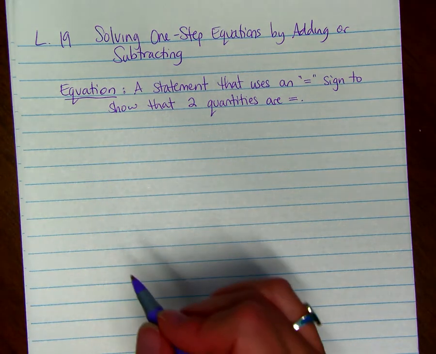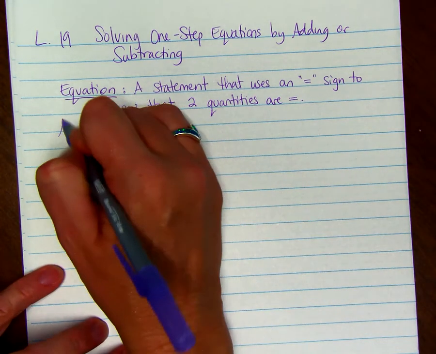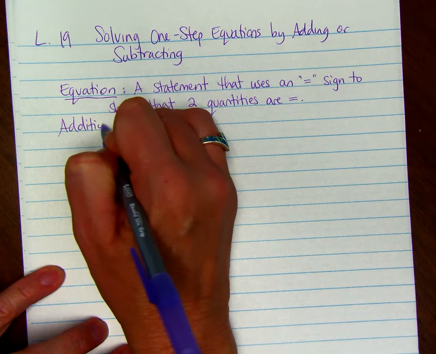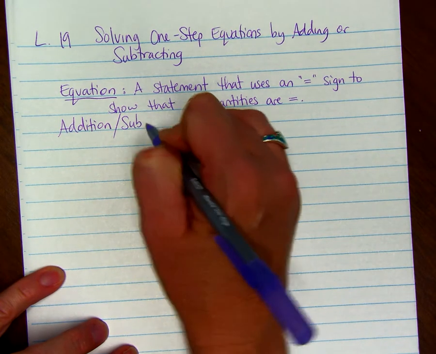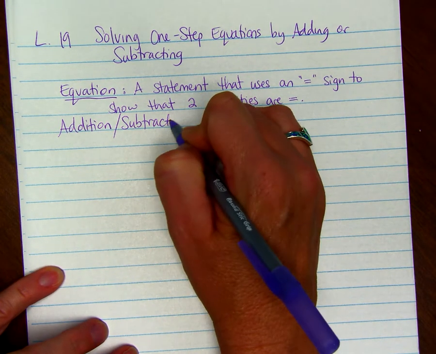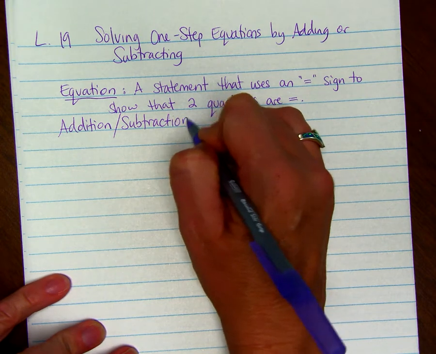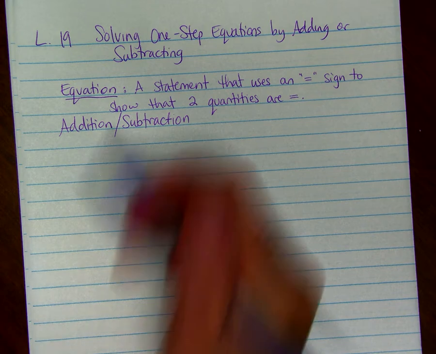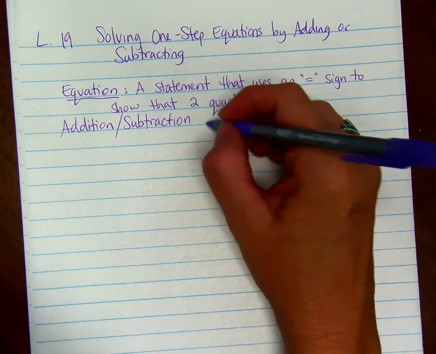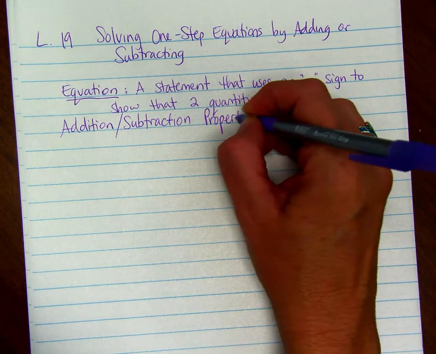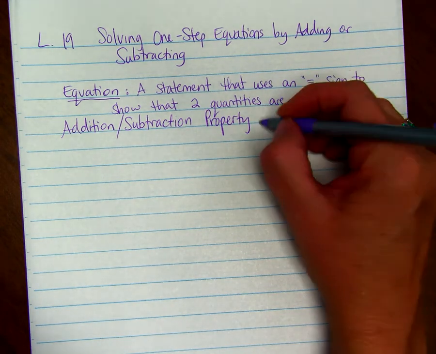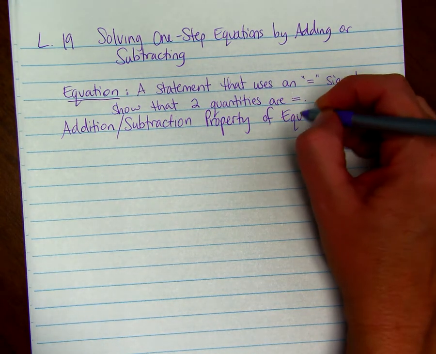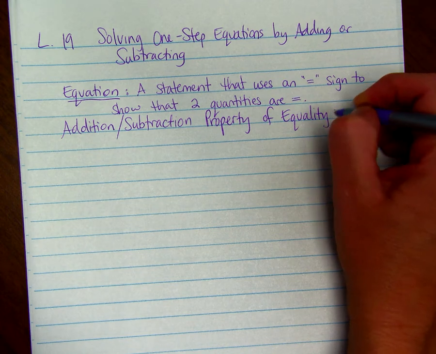There are two properties. One's called addition, one's called subtraction. So the addition property of equality and the subtraction property of equality. I'm just going to write it with a slash between it so we don't have to write both properties out. This is what it says.